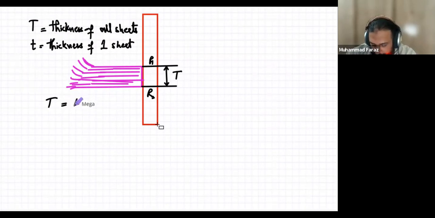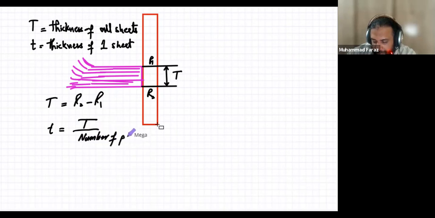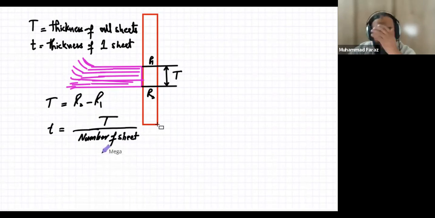Total thickness will be reading number two minus reading number one, but thickness of a single sheet will be total thickness of the book divided by number of papers or sheets. So this is how we can find thickness of a single paper.